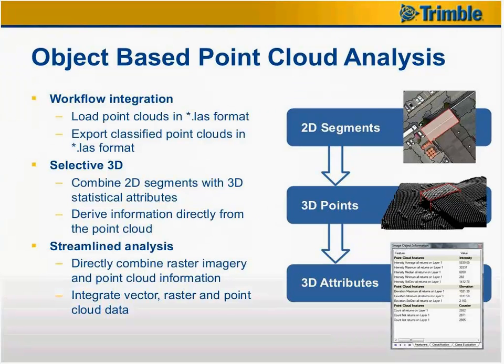It is possible to combine point cloud data with image data and vector information in eCognition, to use information from all these three kinds of input information to classify segments in eCognition. It is also possible to classify the points of the given point clouds, the LAS file, in eCognition 8.7, and to export the point cloud files into the LAS file format.